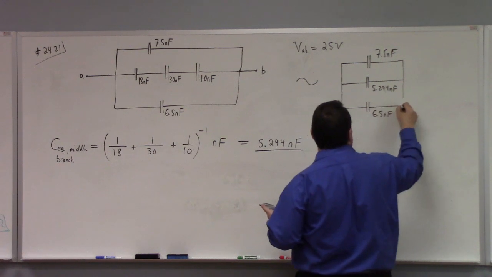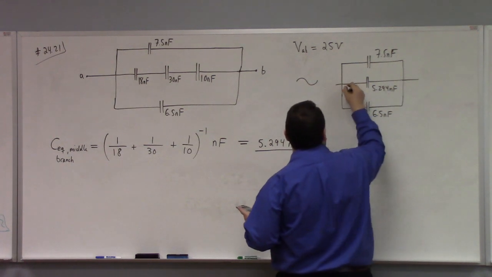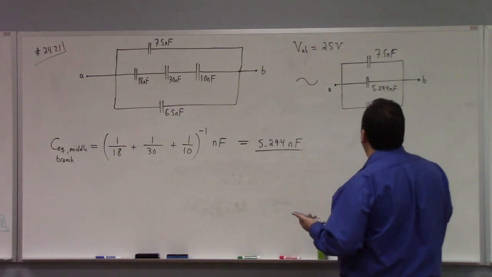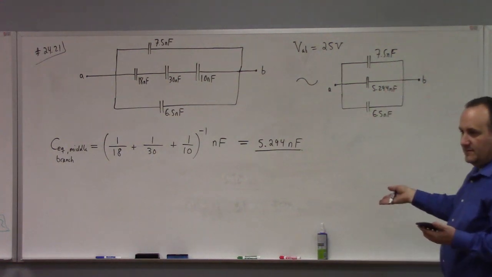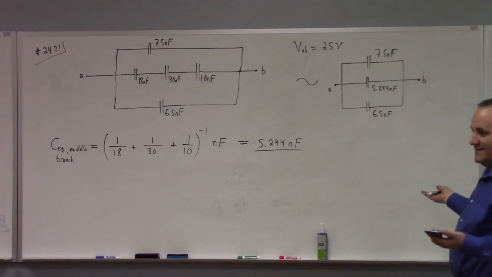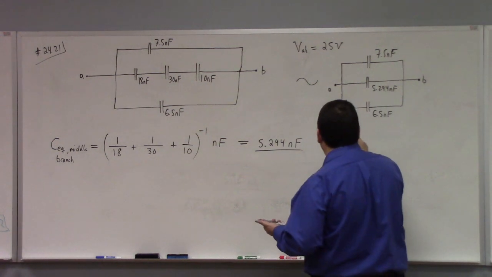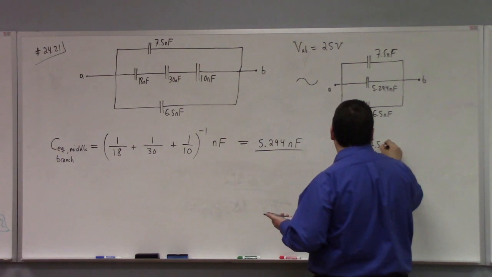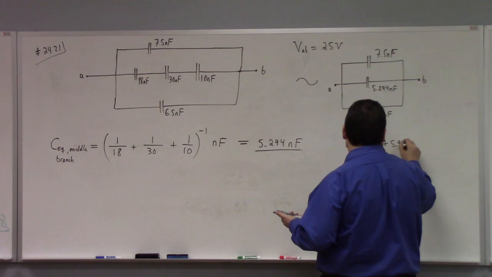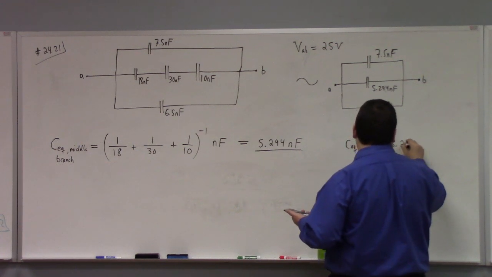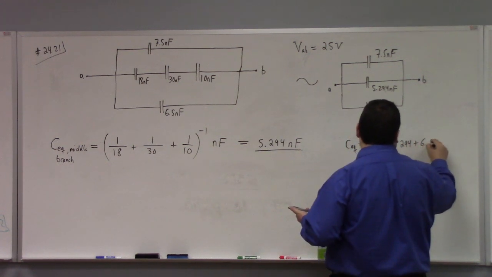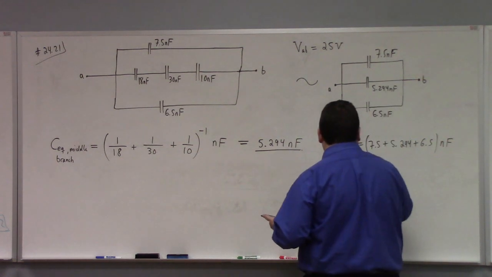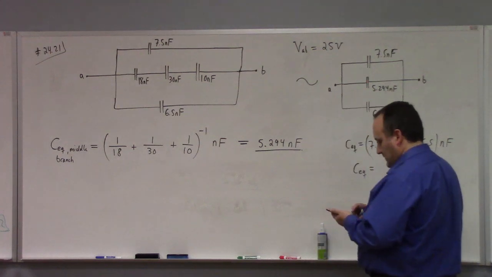It's a very forgiving concept in that sense. And then now they're all in parallel. We like this. So in total, the equivalent capacitance is 7.5 plus 5.294 plus 6.5 nanofarads.